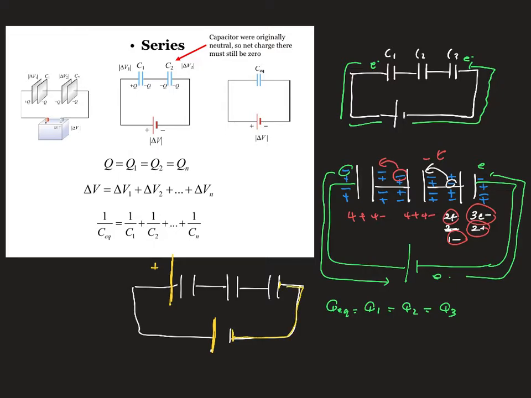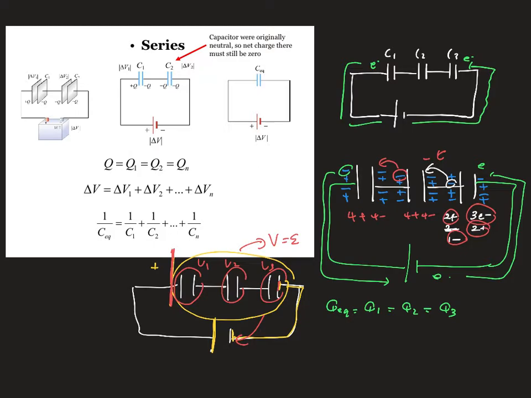So you can see positive and negative here, and the voltage of each capacitance will be equal to the voltage of the battery, because you can see that this is one large plate, so the combination of V1, V2, and V3 will be equal to the EMF of the battery.